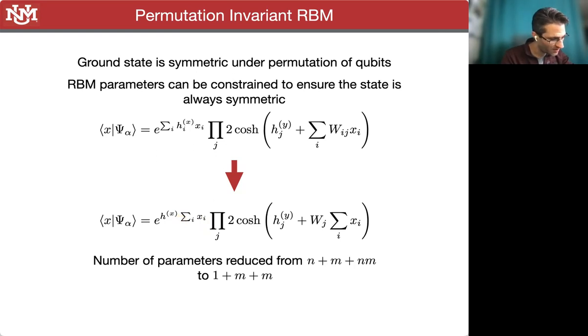What that means is that on your visible layer, all the local fields have to be the same, and all the couplings do not depend on the index i, so you can just pull it out. This is a simplification because it means that our RBM can be parameterized with 2m plus 1 parameters.